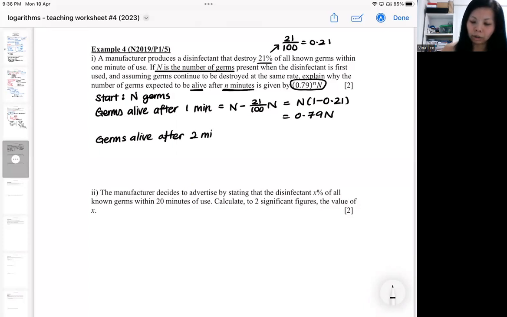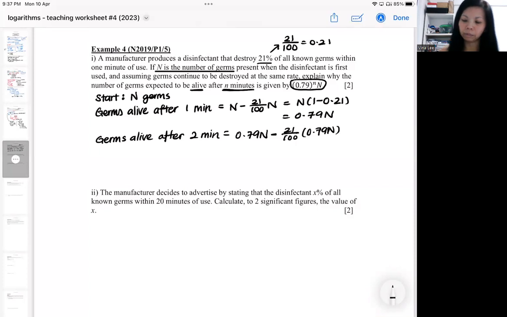Then I do it for another 1 minute. From this amount, you minus 21% of this amount. So you try doing the algebra.